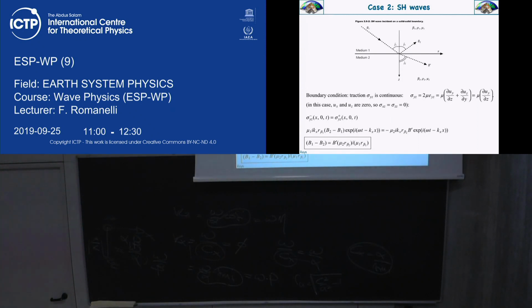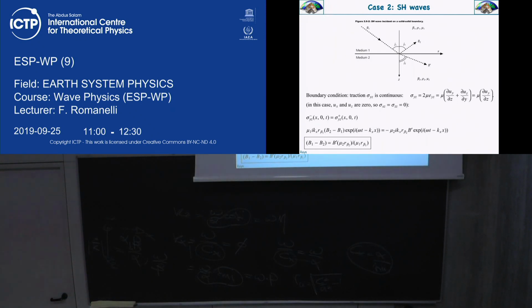Of course. So kx times beta, kx times beta 2, mu1, mu2. And this has to be valid for all the x's and for all the times. Now we are getting the second equation in two unknowns.